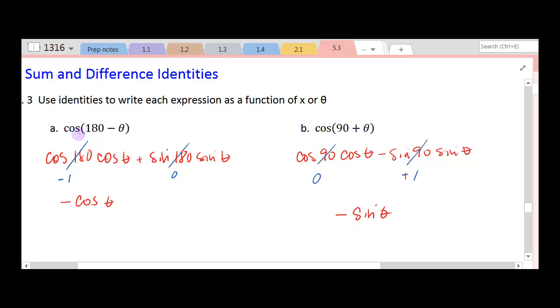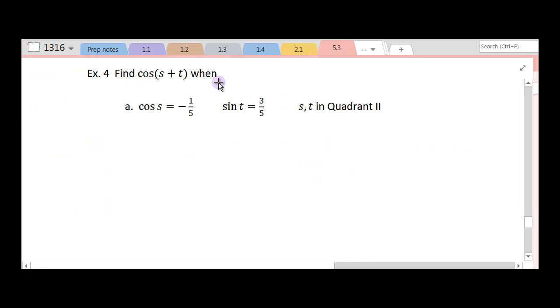Okay, so really when you're given a problem like this and you use the identities that we've been talking about, we're kind of using them to make these two angles into a single angle, which we might want to do when we're solving equations. So this next example asks us to find the sum of two angles given the cosine of s and the sine of t.